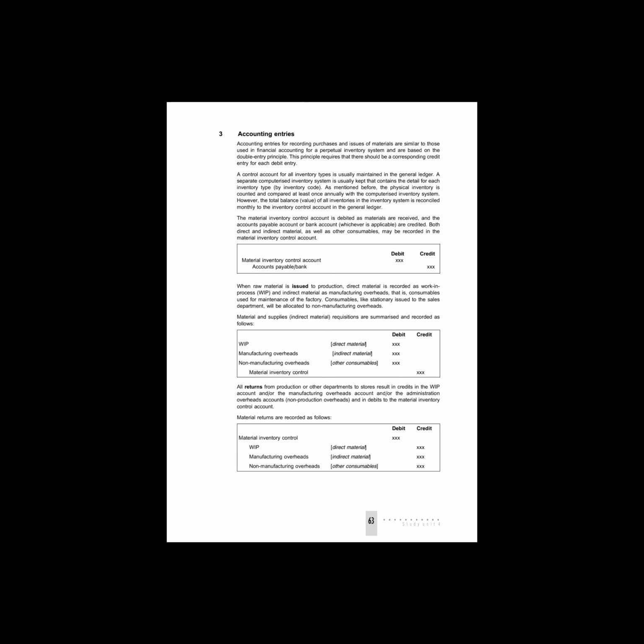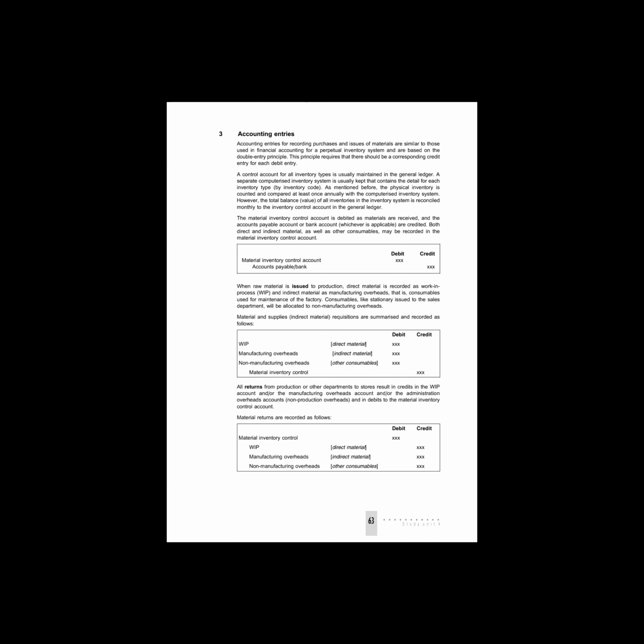It is also treated as a consumable there, right? But again, there are distinctions. There are distinctions between consumables that are used for maintenance in the factory, like the ones that I'm talking about. These are the ones that go there under indirect materials, right?